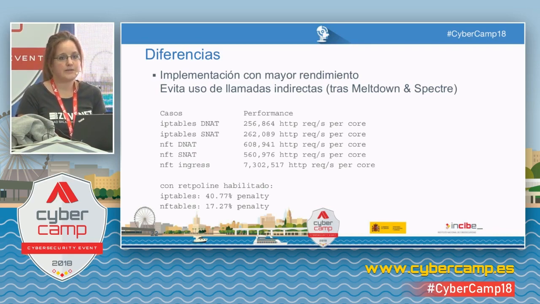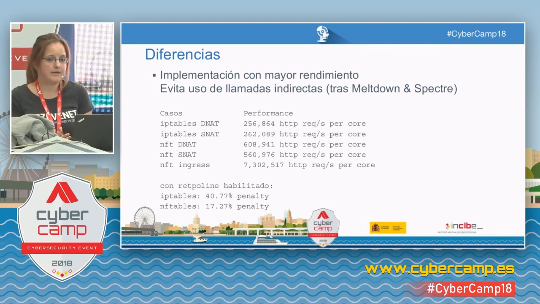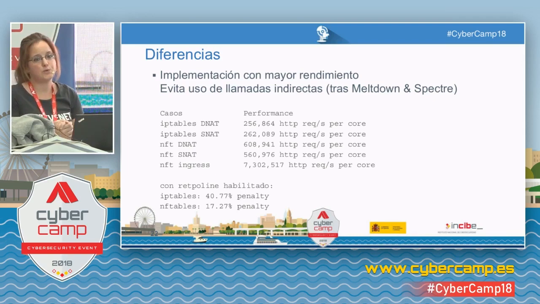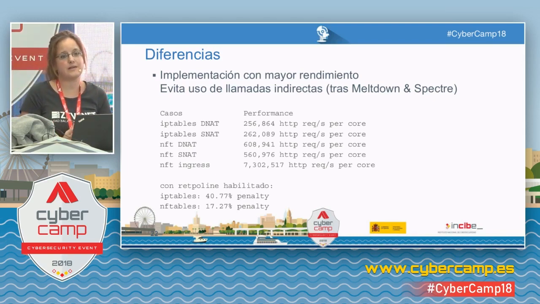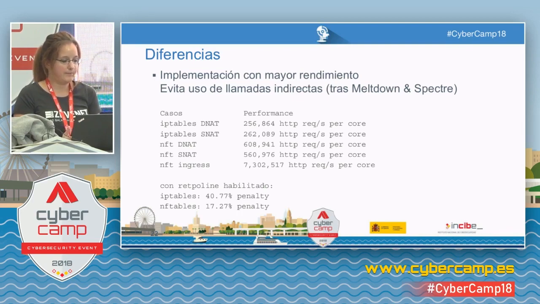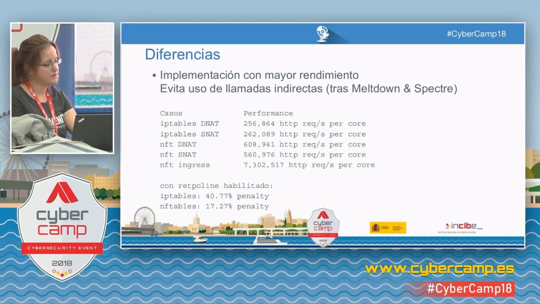So finding a solution to those vulnerabilities is actually a high penalty for Linux kernels and operating systems. Retpoline has been a high penalty for operating systems. It can go as high as 20% penalty.